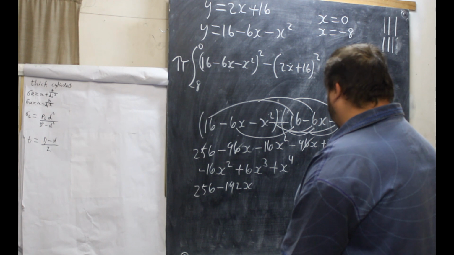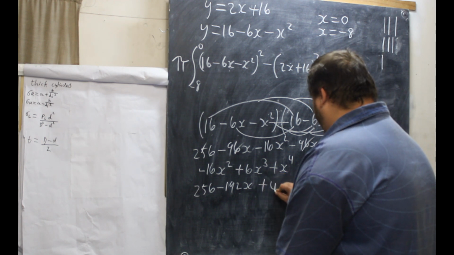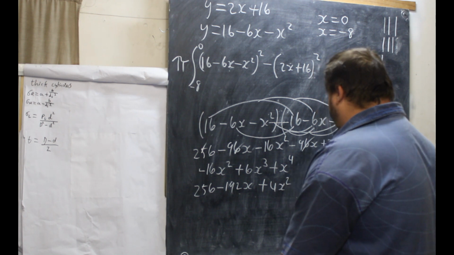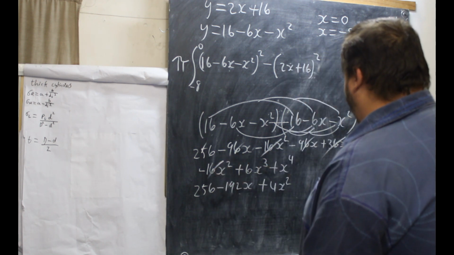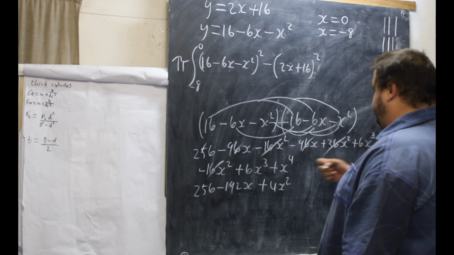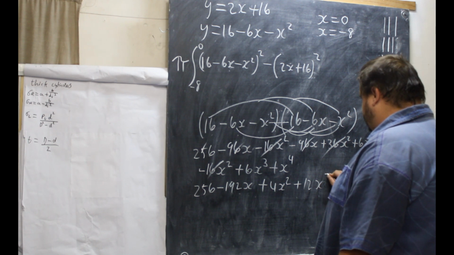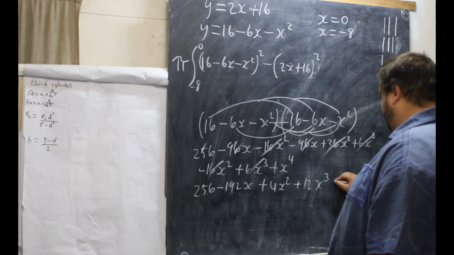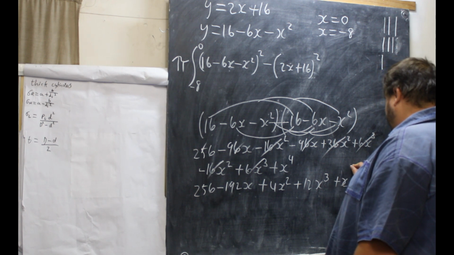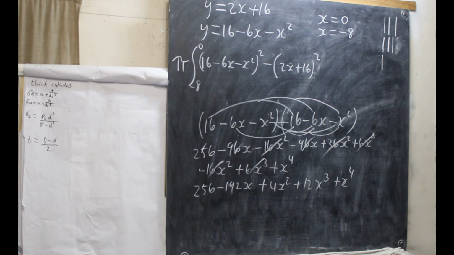This comes out to plus 4x squared. That's all done. Now the next part, 6 plus 6 is 12, plus 12x cubed, plus x to the 4. Okay, that's pretty long.